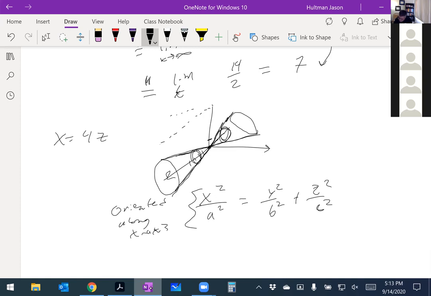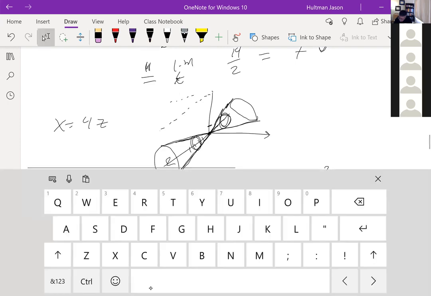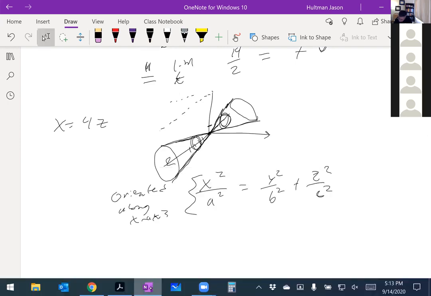Okay. So, well, what do we know? We know that x is equal to 4z. So let me square both sides here.